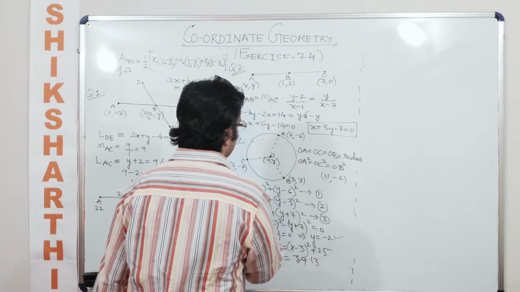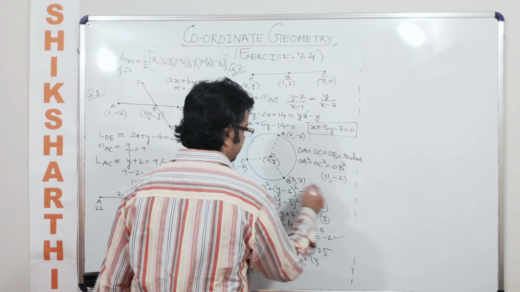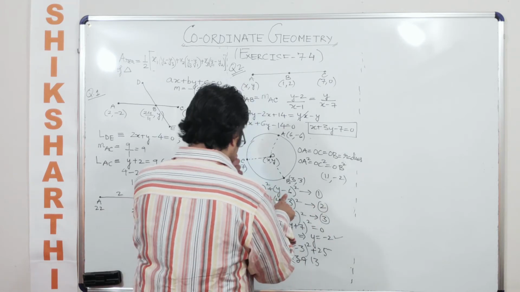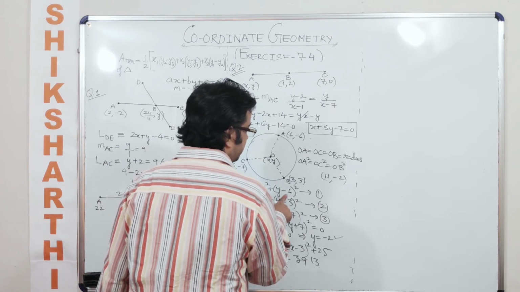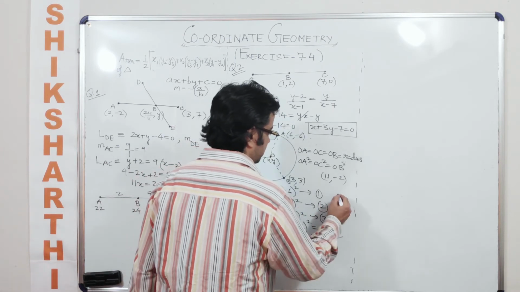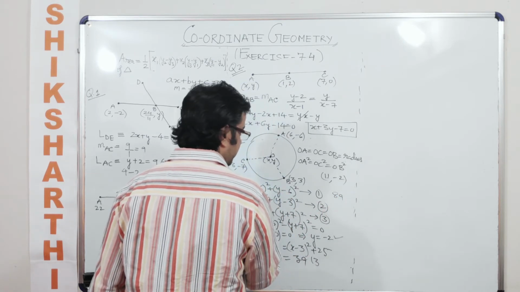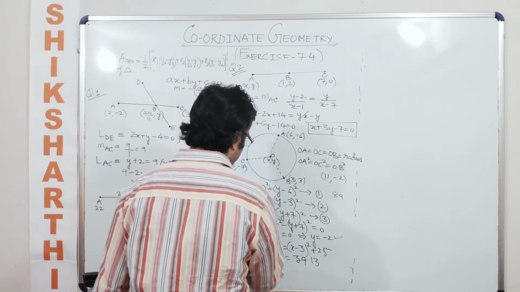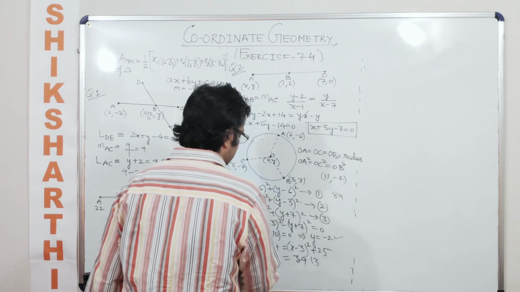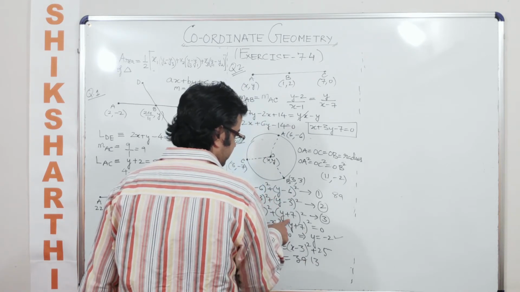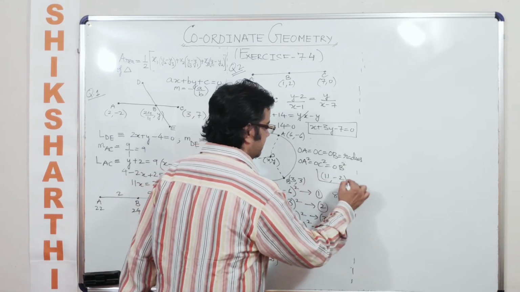OA square basically comes out to be 11 minus 6, which is 25. 25 plus 64. So we are getting it as 89. So in other cases also we should get the same. Now this is 64 plus 25, which is 89, which is correct. And in this case we are getting 8 square, which is 64 plus 25 again. Okay, so this answer is absolutely correct.